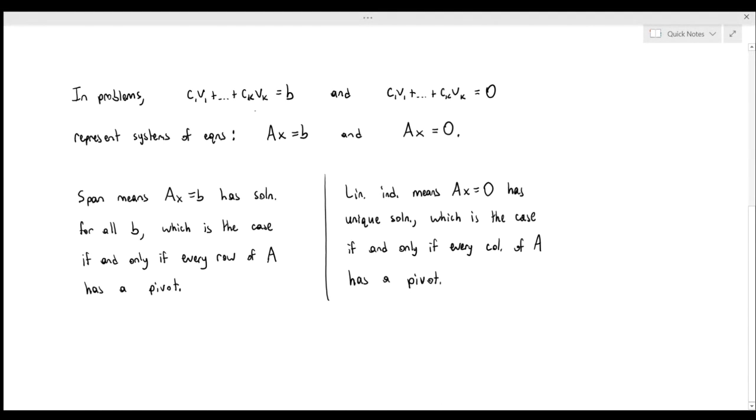Now, span meant that the equation always has a solution for any b. For there to always be a solution, that will happen if and only if every row of the matrix A has a pivot in it.